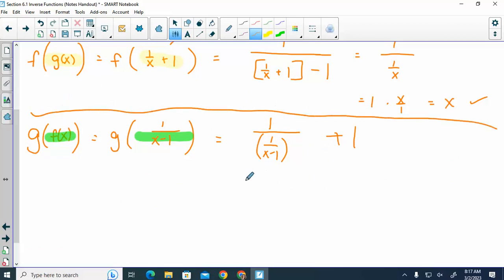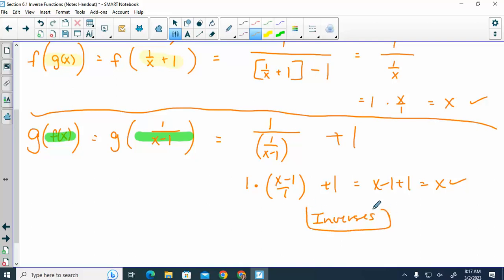Okay, to divide fractions, you flip and multiply. So we get x minus 1 plus 1, which is x. So they both work, and we have inverses. Functions are opposite. They undo each other. So far so good?